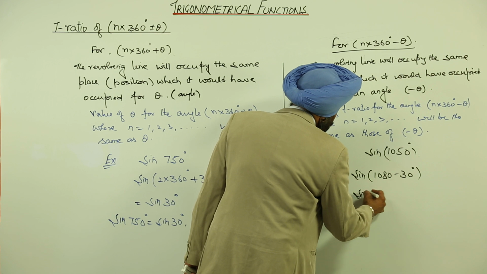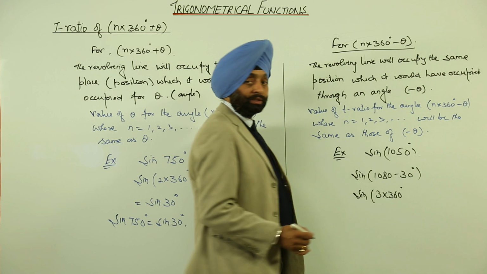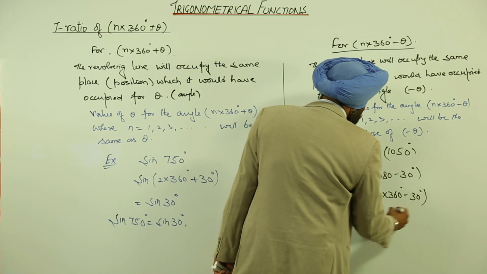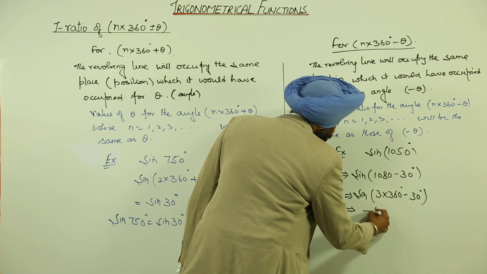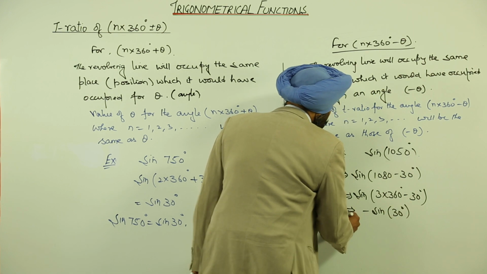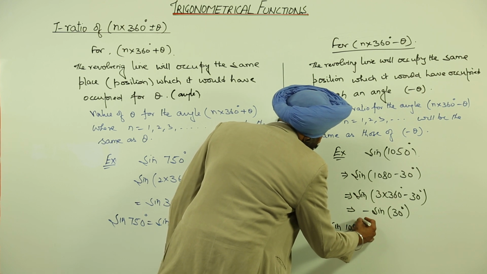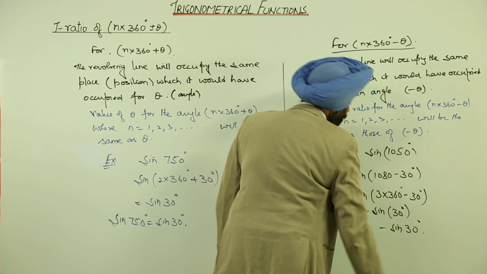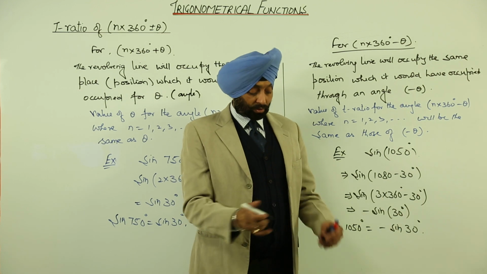Because 3 times 360 degree is 1080, okay, minus 30. Now this becomes negative of sine 30 degree, okay. So we can write sine 1050 degree is equal to negative of sine 30 degree. Why negative? Because now this will go in the fourth quadrant, okay.